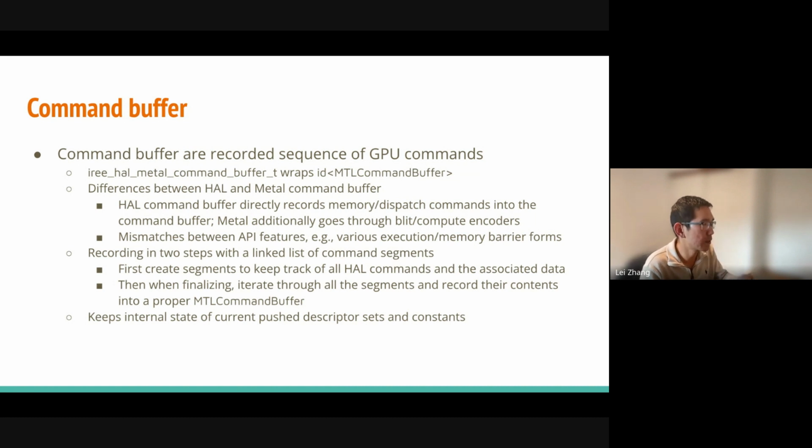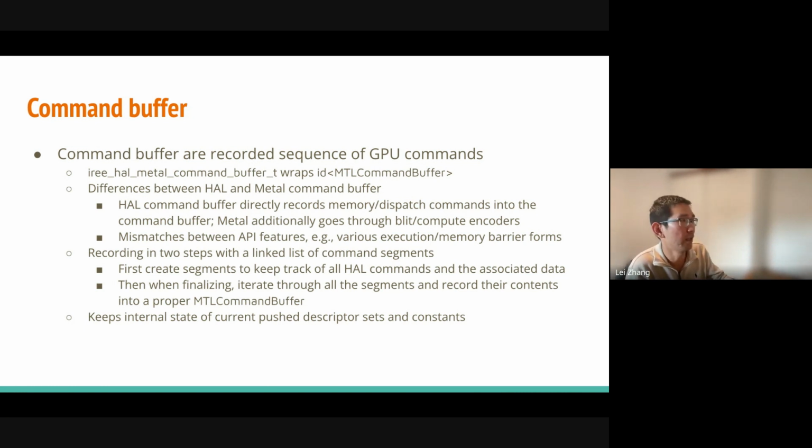It actually keeps the information sent by the API, by the IREE HAL, in an in-memory linked list, keeps all that information and associated data. There is some trickiness here, like some of the things are stateful, like you are keeping push descriptor sets, keeping push constants get iterated, and then once you are trying to keep track of all these kinds of commands, you need to take a snapshot of the current state and then encode that into the in-memory linked list of command segments.